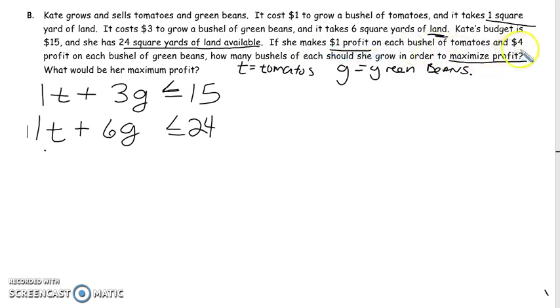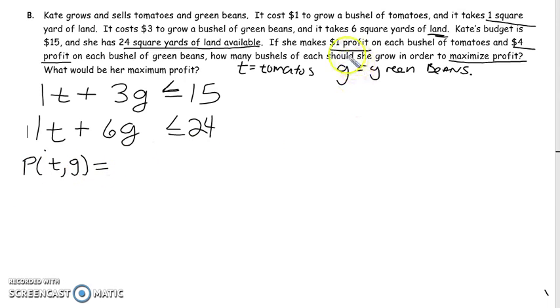Now, the profit equation works a little different. We also call this a profit function. Function because they're working together. And we're going to get more into functions in a couple chapters here, but we're going to create what's called a profit function. The profit is, I use a capital P, and then I use the two letters that I'm dealing with. In this case, T's and G's. I don't care which way you put them, G's and T's or T's and G's, it doesn't matter. I'm going to say P of T, comma, G. So what this stands for is the profit that I get from tomatoes and green beans.